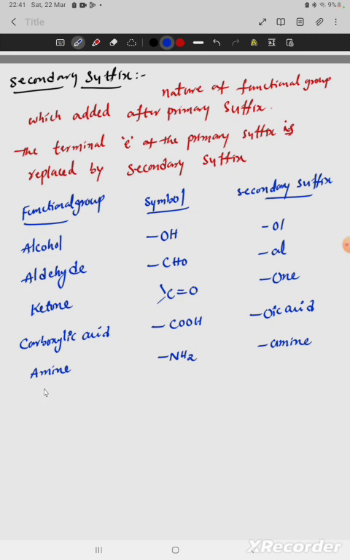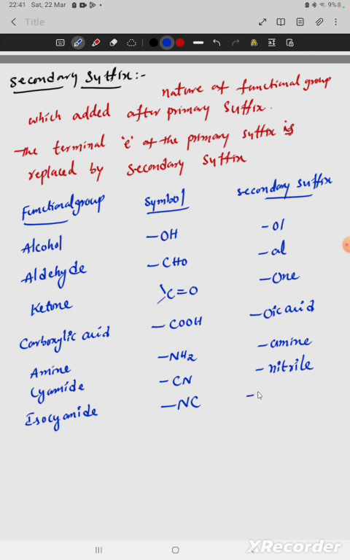Next, cyanide. This is CN. Here the suffix we are giving is nitrile. And isocyanide, whose formula is NC.